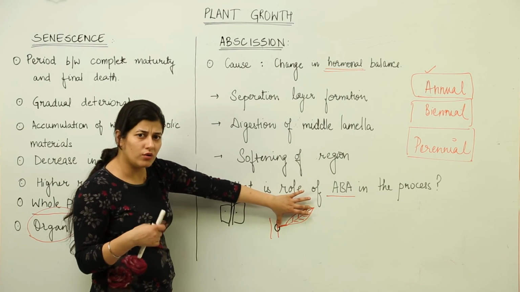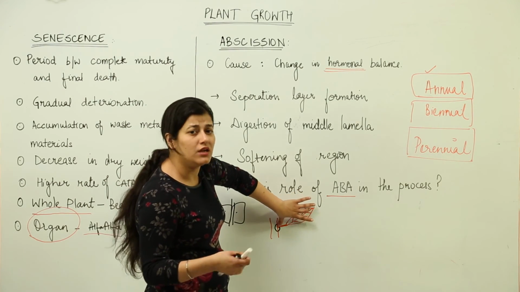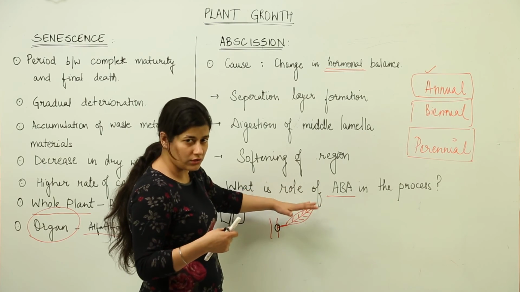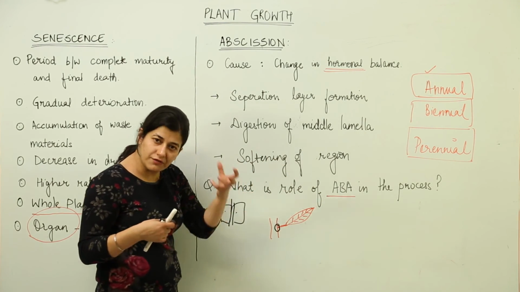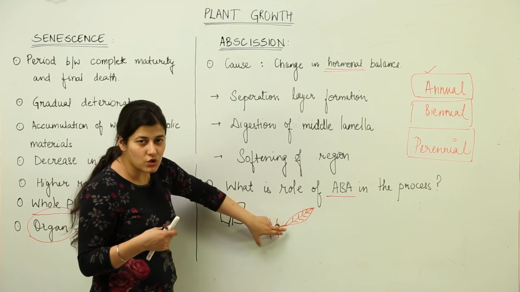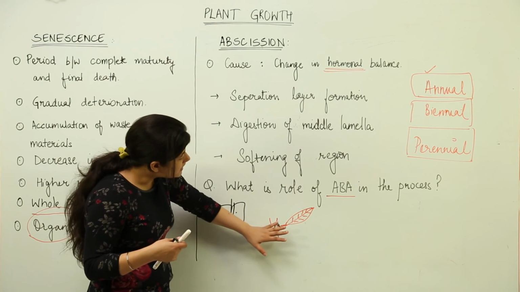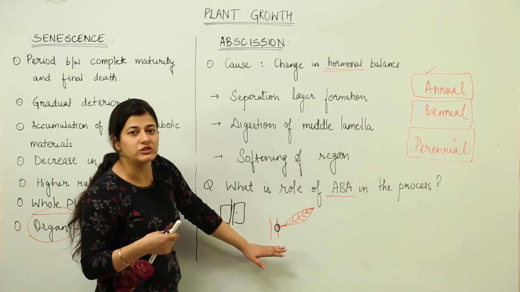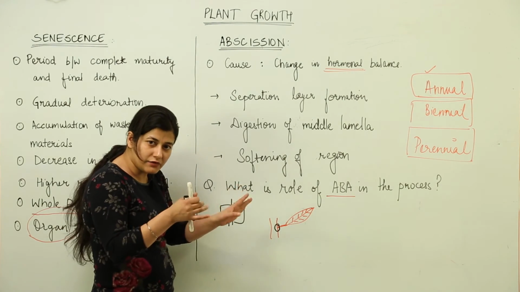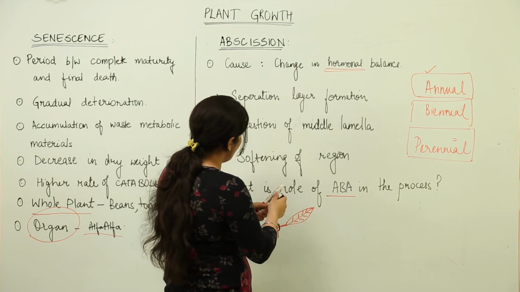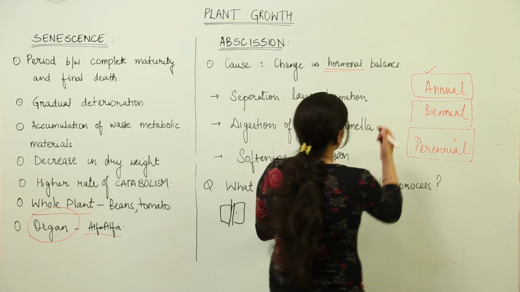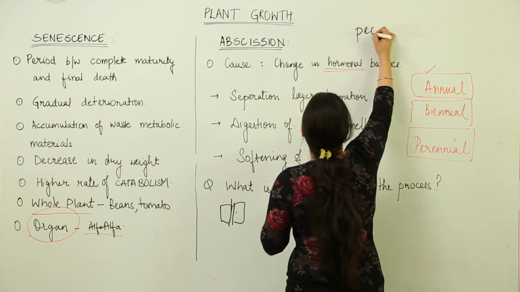Whenever there is rainfall or a strong gale comes into the scene, this leaf, this particular organ, it could be a fruit as well, falls. You see the ripened fruits, they fall down because that stalk is not able to take up the weight, because it has been separated by the abscission layer, because the middle lamella layer, which was the reason for cementing of the cells, has been digested by hydrolyzing enzymes which are often pectinase.